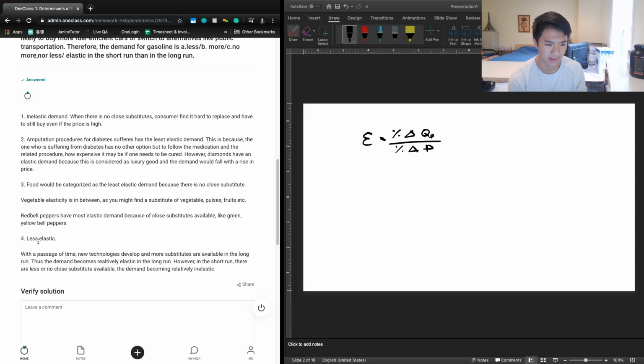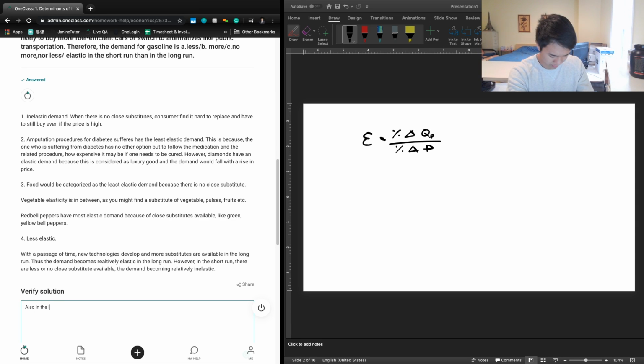Let's take a look at the answer choice. It says less elastic. With the passage of time, new technologies develop and more substitutes are available in the long run. Thus, the demand becomes relatively elastic in the long run. However, in the short run, there are less or no close substitutes available, and the demand becomes relatively inelastic. And so I'll just clarify really quickly that there's also this idea of giving consumers more time to adjust.